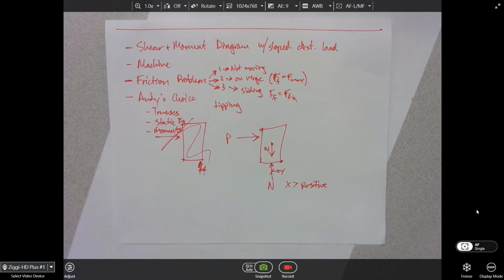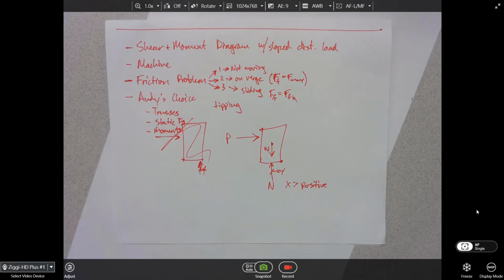This is the box, and I put my normal force here, and this is my pushing force. If I want to check to see if it tips or not, I can sum the moments about this corner, where x is right there, right? And we see if x is positive, it's not going to tip, right? If x has to be negative in order for it to stay upright, then we know it would tip. Okay, it's a pretty easy check to do there.